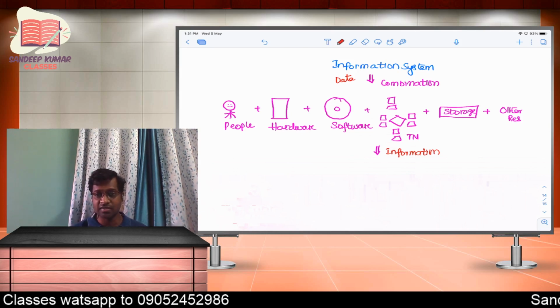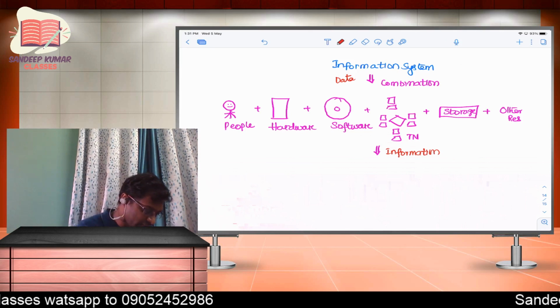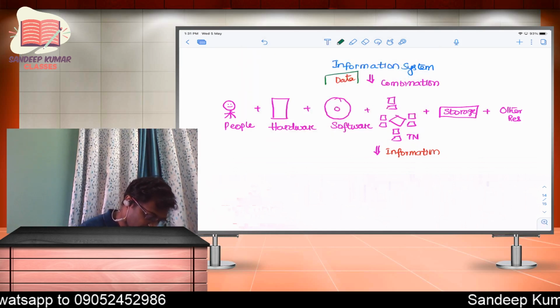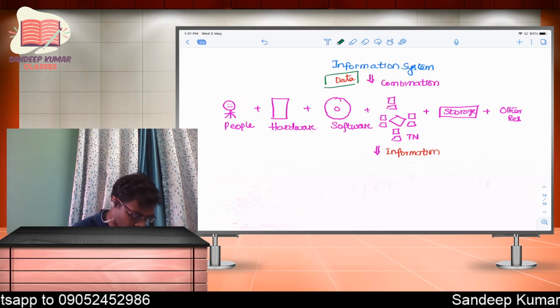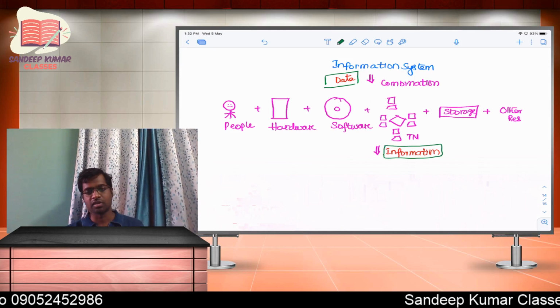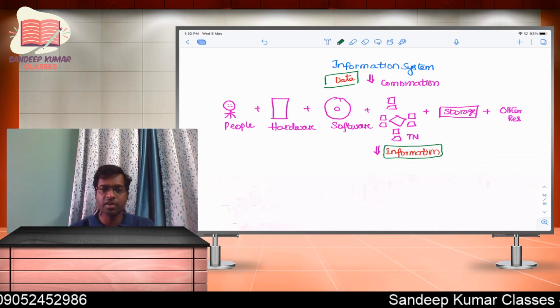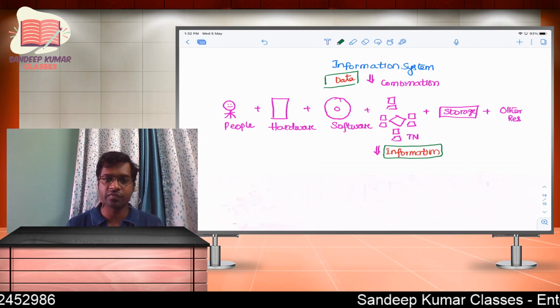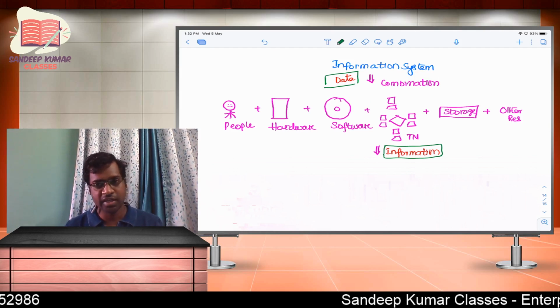These information systems will take the data and convert the data into information. Information systems are required for the purpose of conversion of data into information.